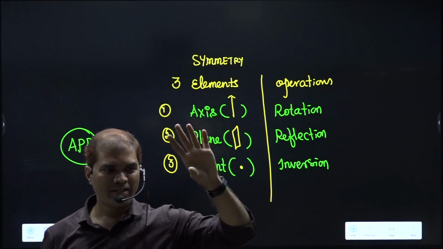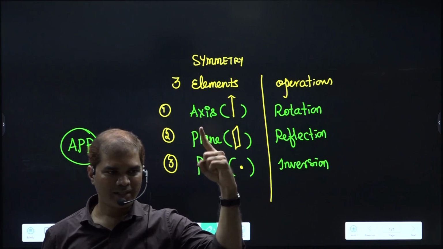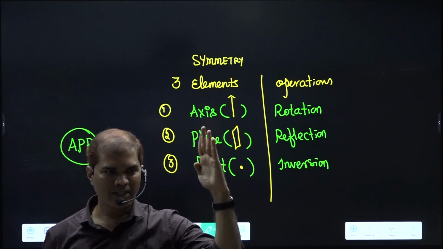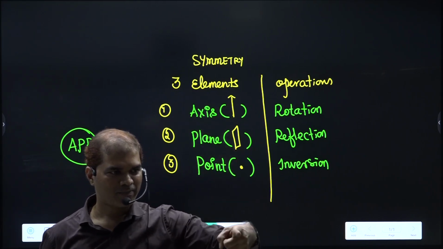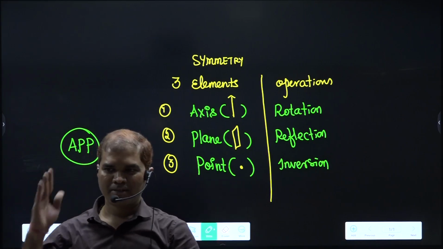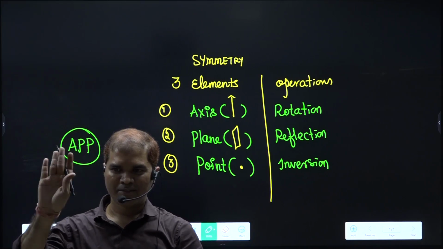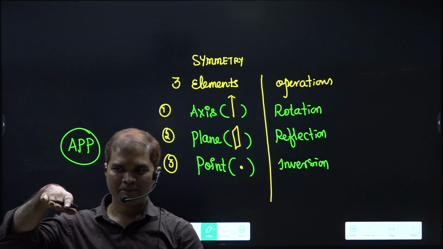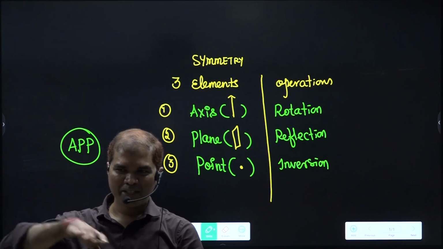Now whomever I ask, they have to answer from this side. I'll show either the axis or the plane. You have to say immediately without any confusion. Not xz, xy.